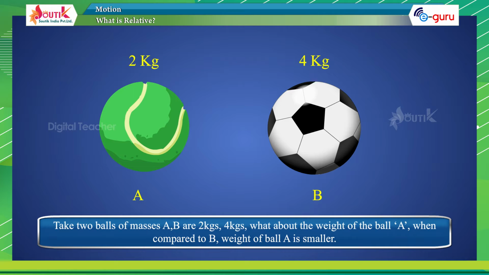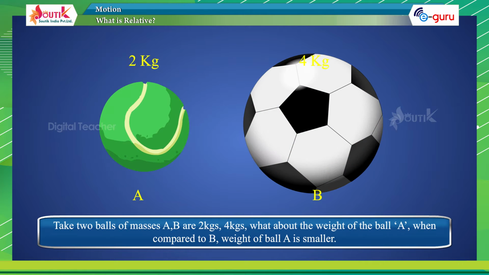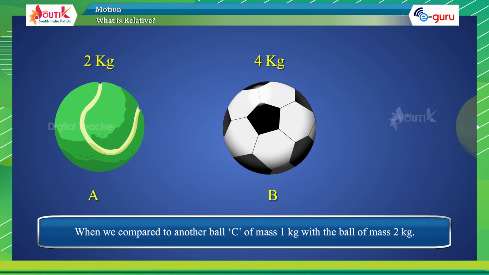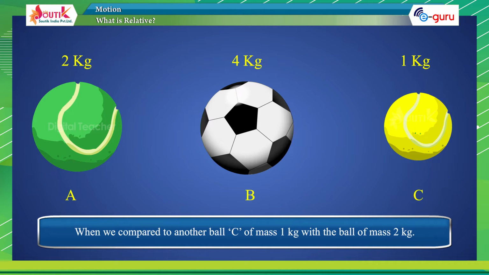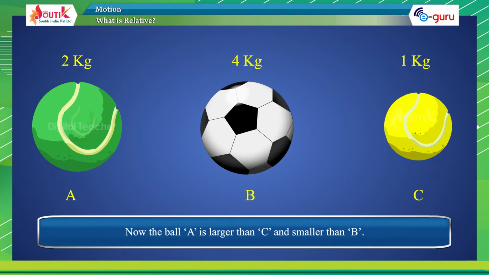What about the weight of ball A when compared to B? The weight of ball A is smaller. When we compare it to another ball C of mass 1 kg, now ball A is larger than C and smaller than B. So, we can say that weight is relative.